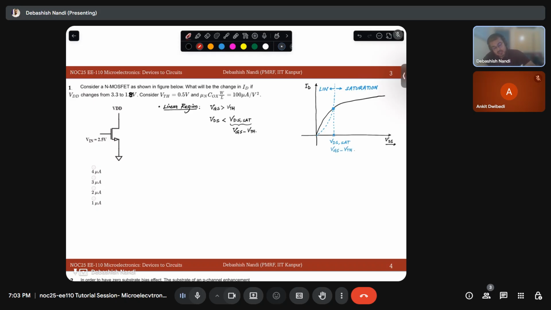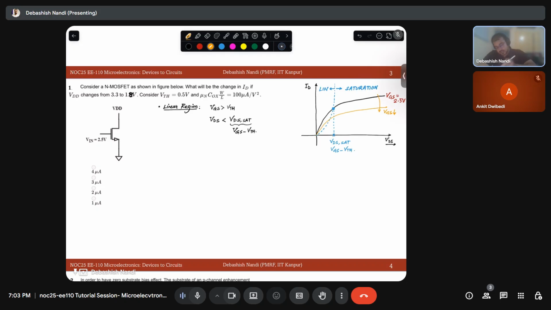Understand that this curve is for a fixed VGS. Let's say VGS is 2.5 volt, as given in the question. If I change my VGS, how will the curve change? For a lower VGS, I will see something like this. So VGS is less than this.